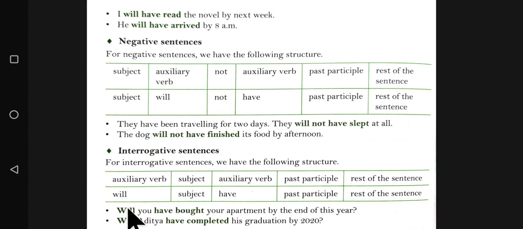So will is the auxiliary verb, then you is the subject, then again comes the second auxiliary verb have, then bought is the past participle form of the verb, then your apartment by the end of this year. So again this is an interrogative sentence, and don't forget to put a question mark as we are dealing with an interrogative sentence.